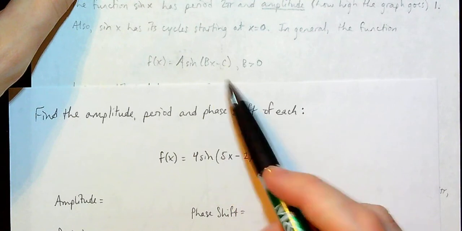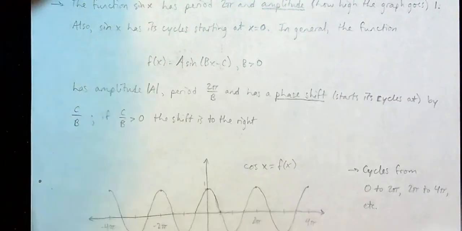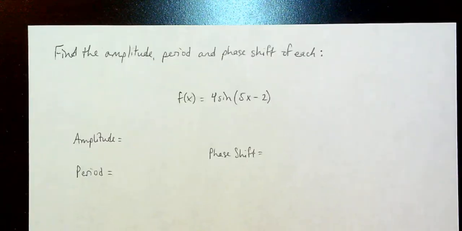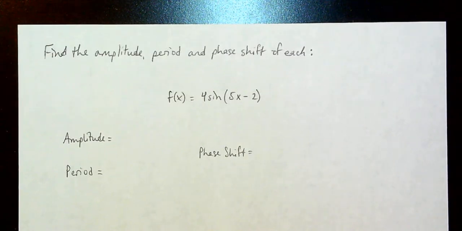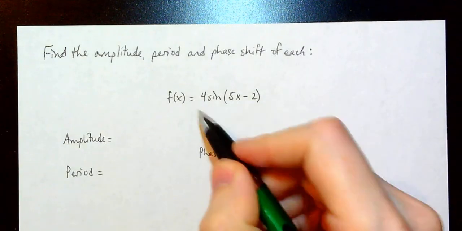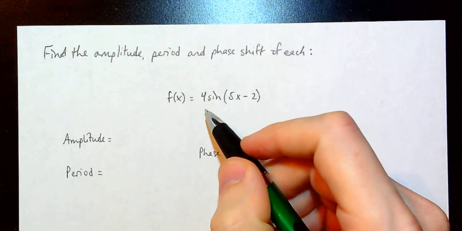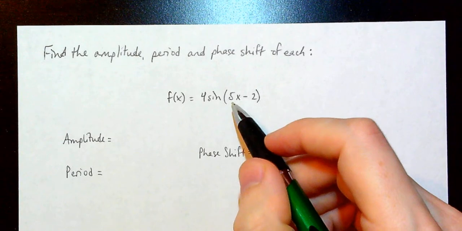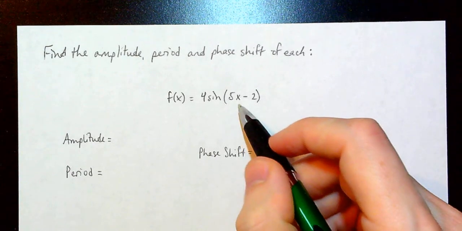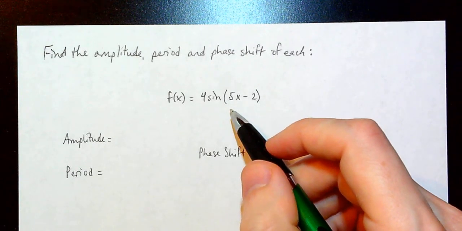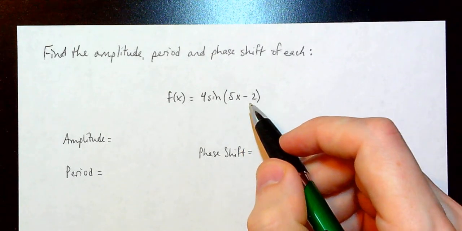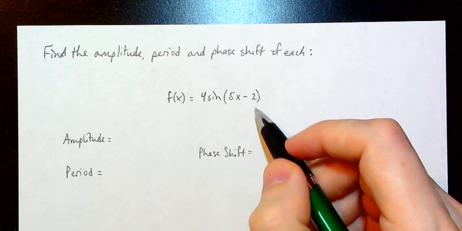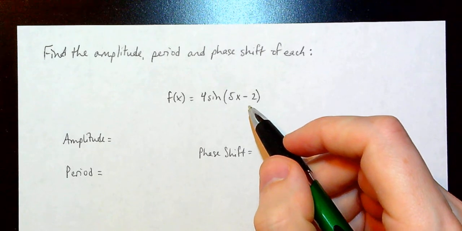A, B, and C. So here I have the number in front of my trig function, that's my A value. Here, the number that is in front of my variable x, that's my B value. And then the number that comes afterwards is my C value.